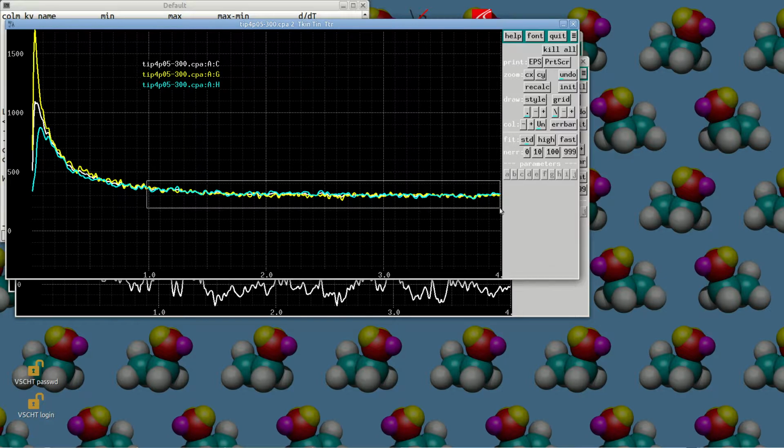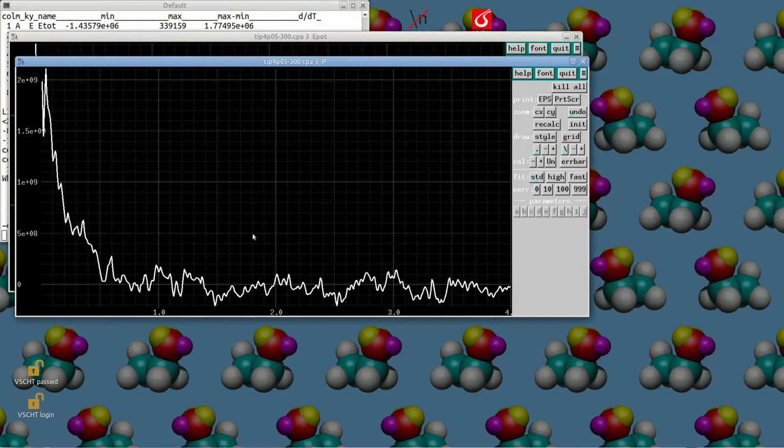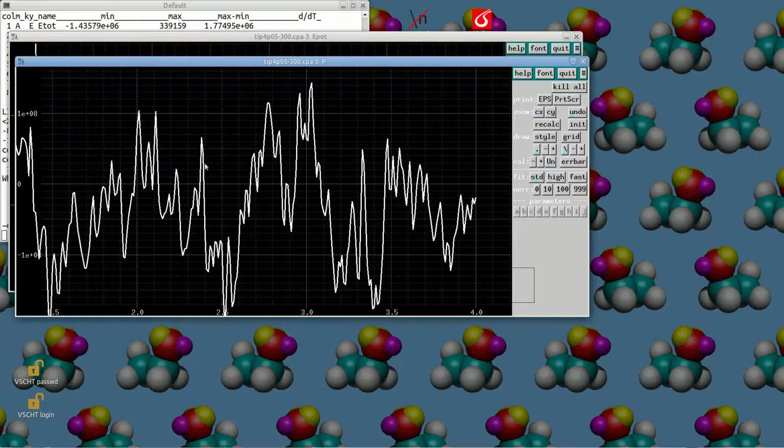We can see that here, at a time close to 4 picoseconds, this is in picoseconds, it is essentially leveled and fluctuating around the value which was predefined, which was 300 Kelvin. So it works. This is pressure. Again, the pressure fluctuates a lot.